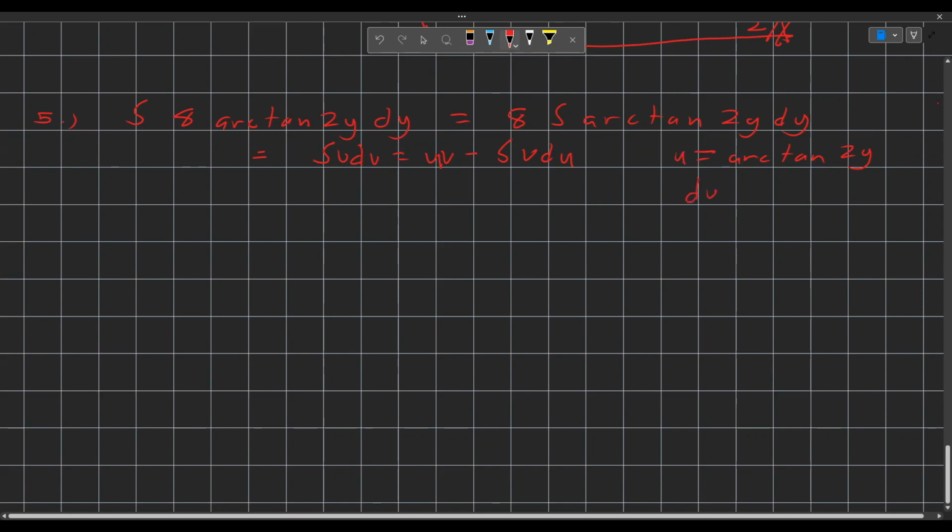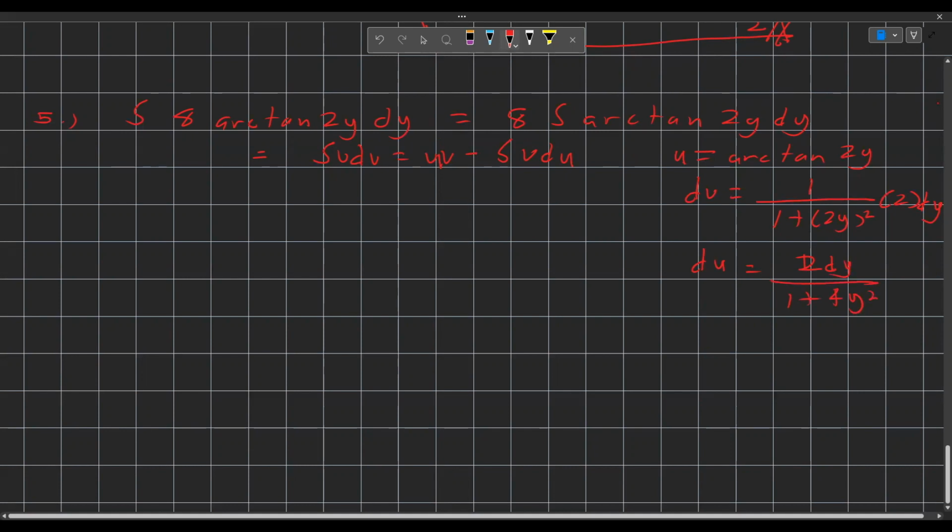And our du will be 1 over 1 plus the quantity 2y squared, multiplied by 2 dy. Or let me rewrite it like this: 2 dy over 1 plus 4y squared.